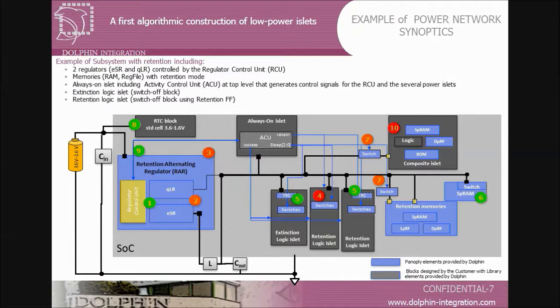You can see different hotspots. The green one represents where Dolphin IPs can provide a solution. The orange one is a combination of Dolphin IPs with case study tutorial products, and the red one is a construction issue that must be handled by the SOC integrator.